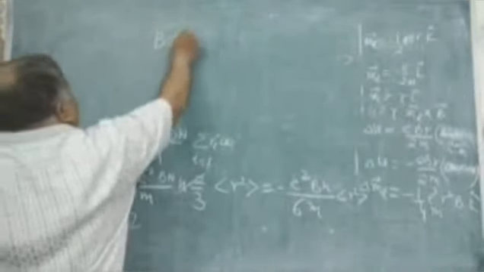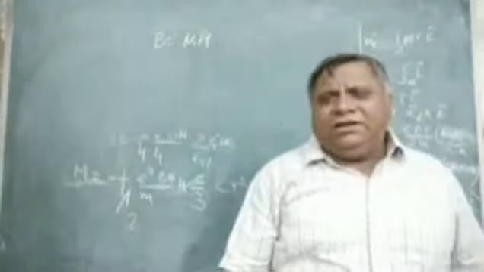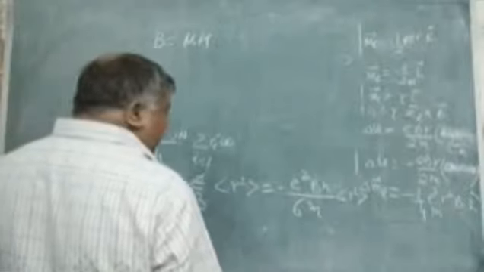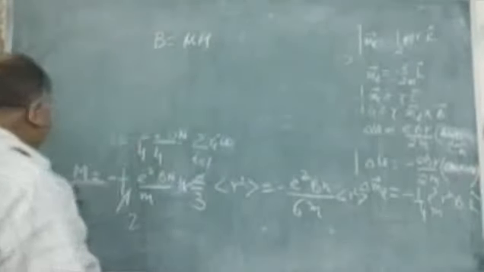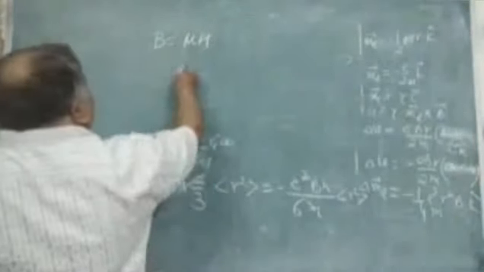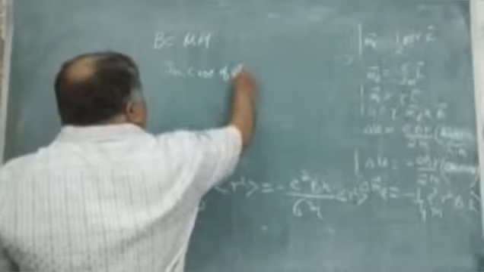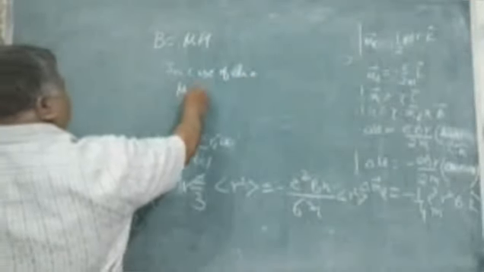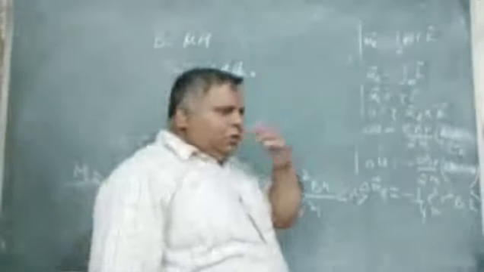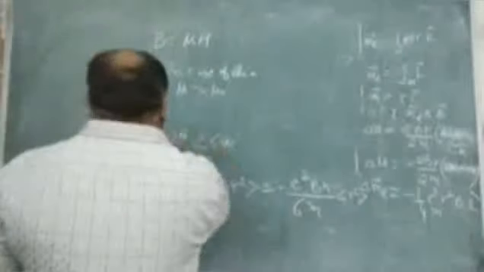We have B equal to mu H, because the magnetic field is generally applied in terms of H. So let us change to H. Also, magnetic susceptibility can easily be calculated with the help of an expression which involves M and H. Also, in case of diamagnetism, mu is almost equal to mu naught, slightly less than mu naught.